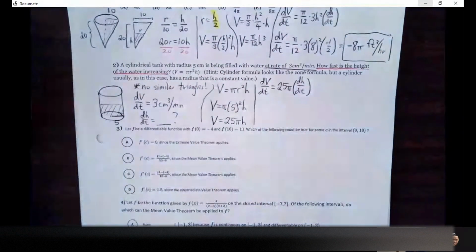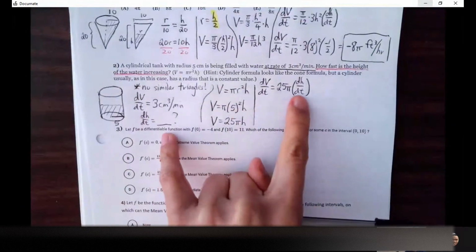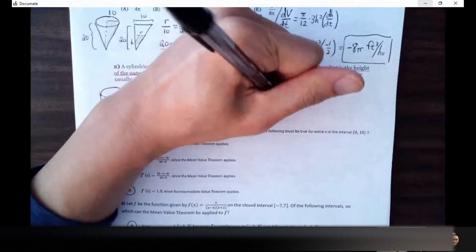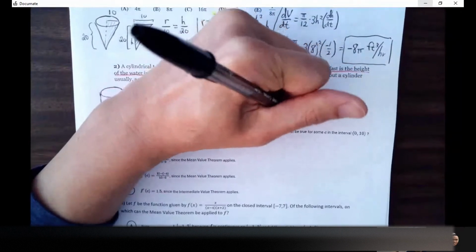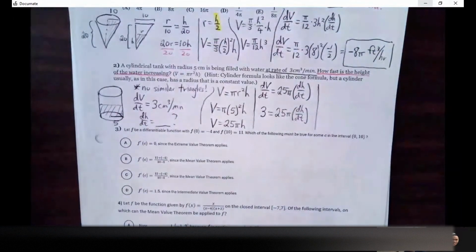And then we're going to start making our substitutions. So dV/dt gets replaced with 3. dH/dt is what we're looking for. Divide both sides by 25 pi, and we're able to solve for dH/dt.